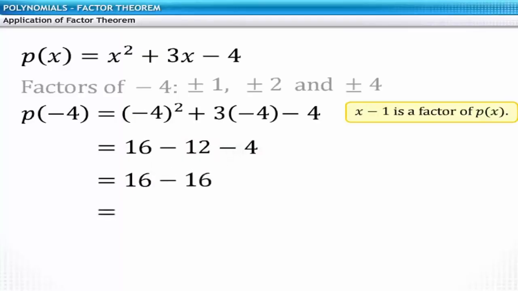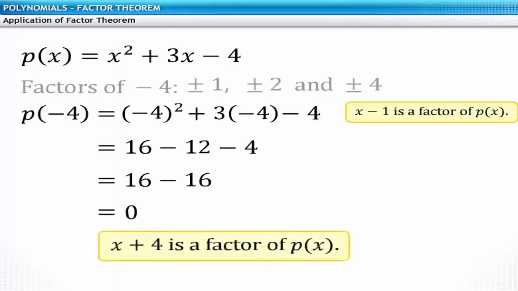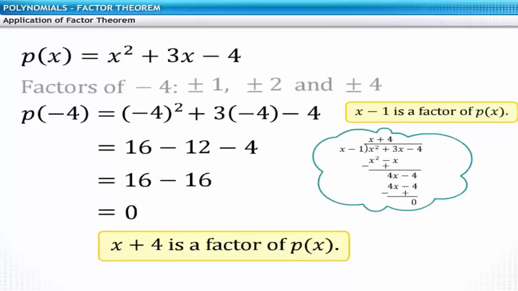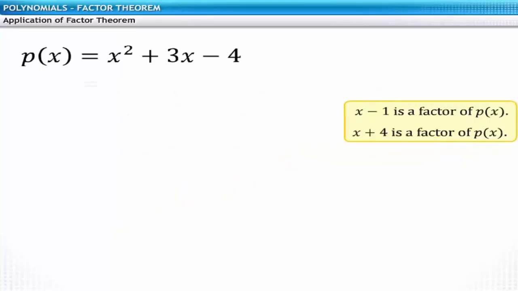By performing the same for all factors, we get p of minus 4 is equal to 0. Therefore, x plus 4 is also a factor of p of x. This can also be obtained by dividing the polynomial by x minus 1. The obtained linear polynomials are the factors of the quadratic polynomial.